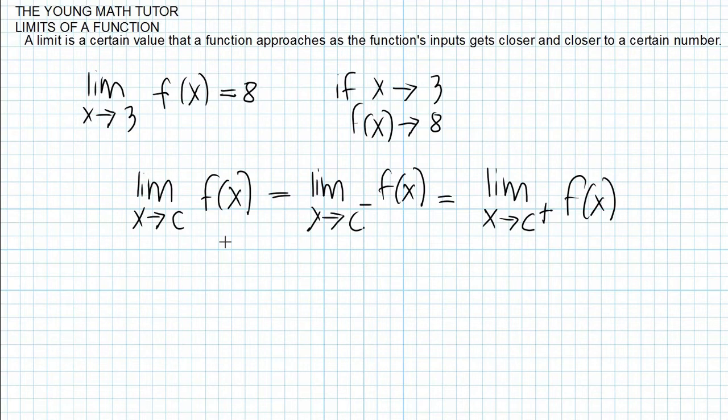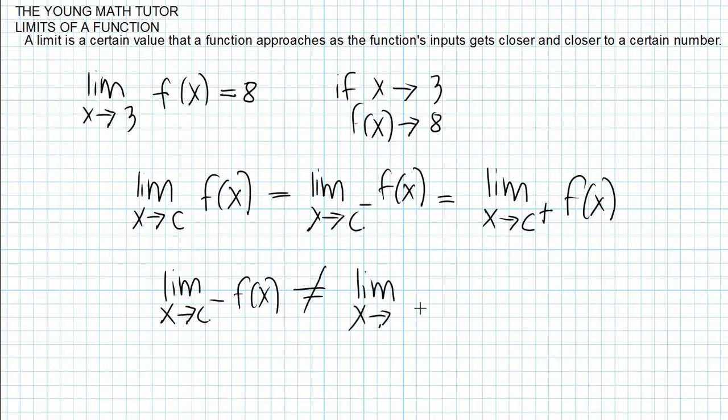But if the left side limit and the right side limit are not equal to each other, then the limit at that certain point C does not exist.